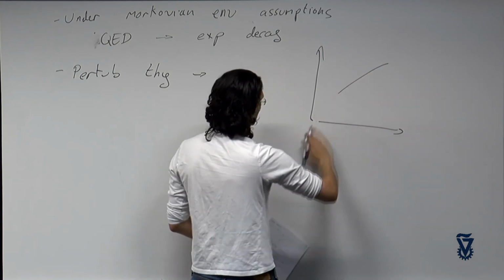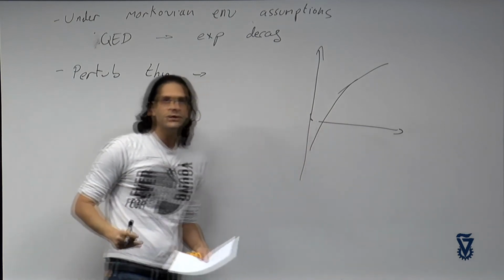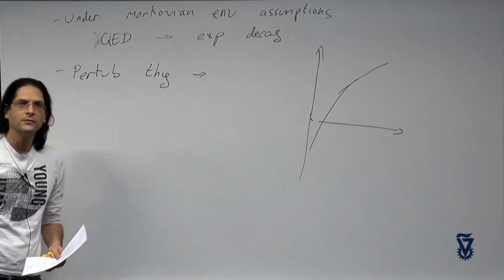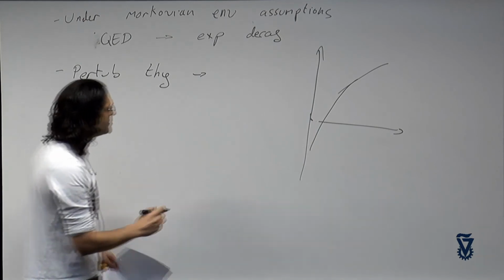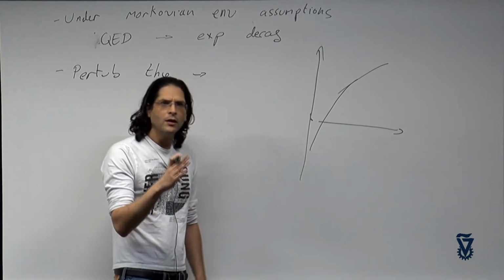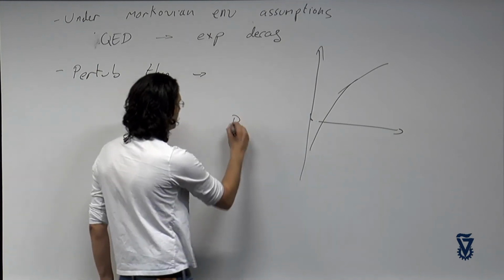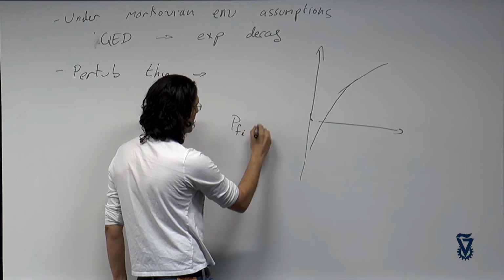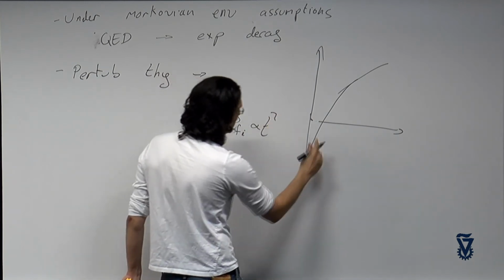Okay, maybe what you do discover is that for real systems, because there is some finite density of states, the probability for jumping from the initial state to the final state at short times is actually proportional to t squared.